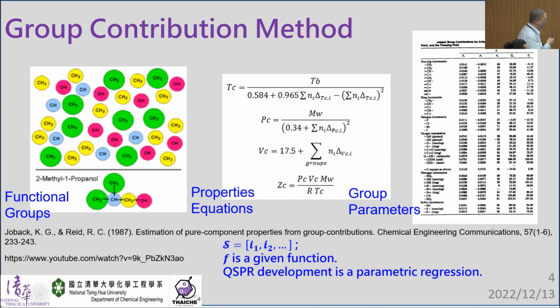So the structure is represented by a vector of the numbers of different groups, F is a given function, and developing the QSPR is just a parametric regression of the model.